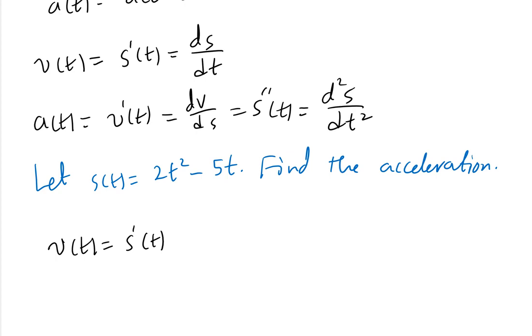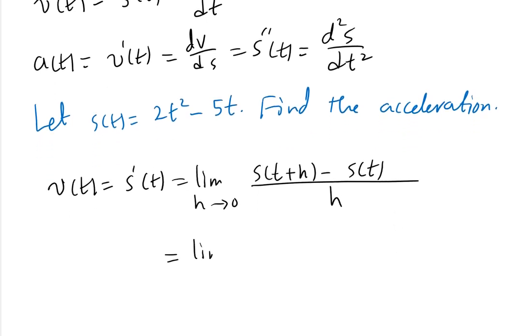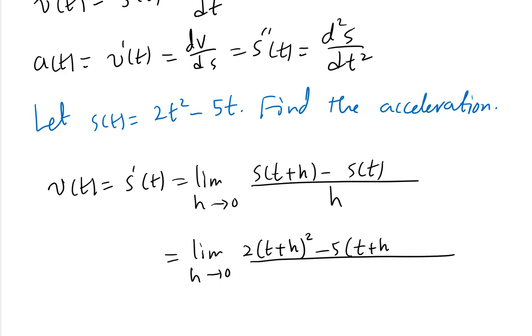V of t is defined as s prime of t, which is the limit as h goes to 0 of s of t plus h minus s of t all over h, which equals the limit as h goes to 0 of 2 times (t plus h) squared minus 5 times (t plus h) minus the whole function, all over h.